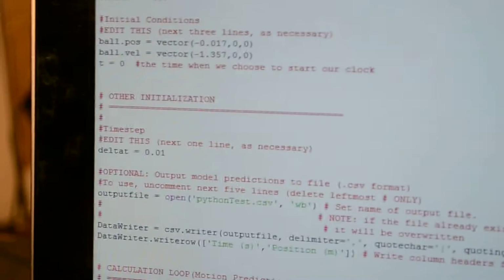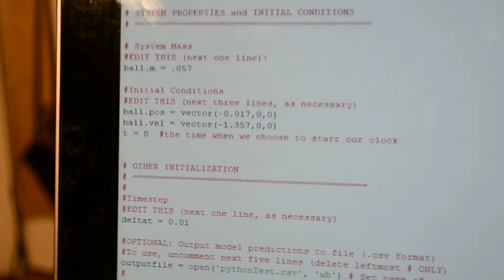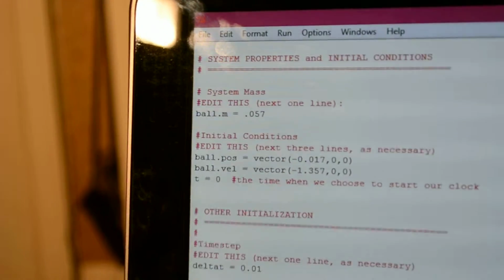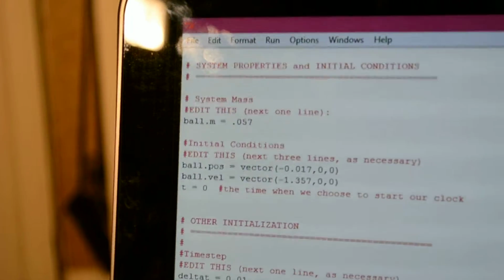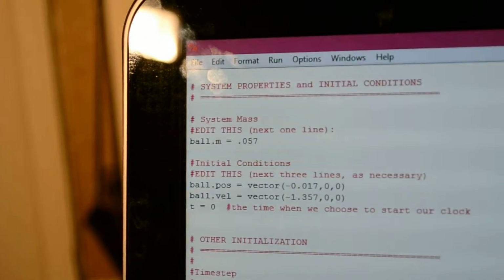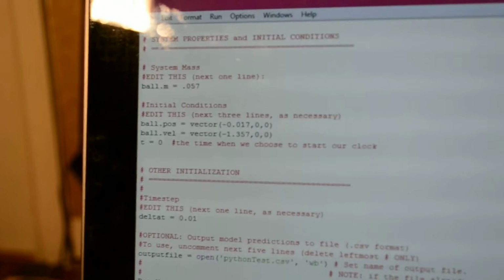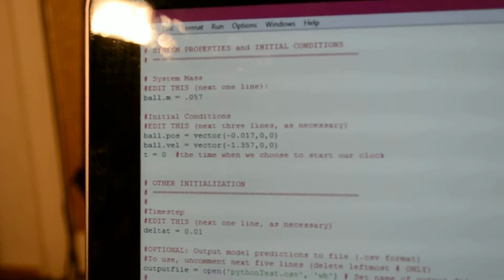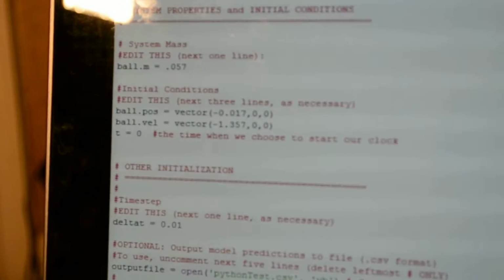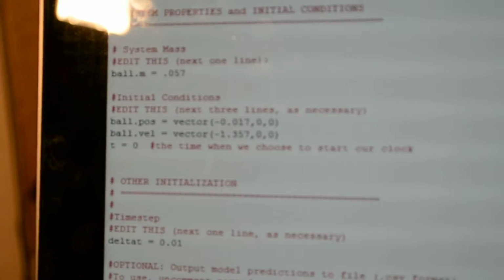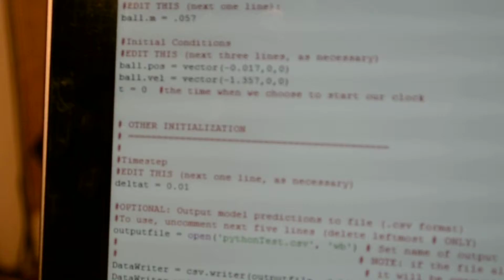So for the computational model, I took the base code and put in my observational data. The ball's mass was approximately 0.057 kilograms. And here is the ball's initial position in vector notation, and the ball's initial velocity in vector notation.